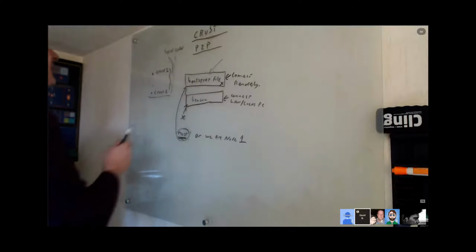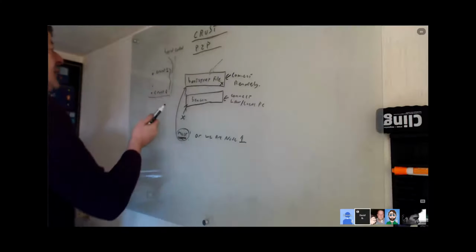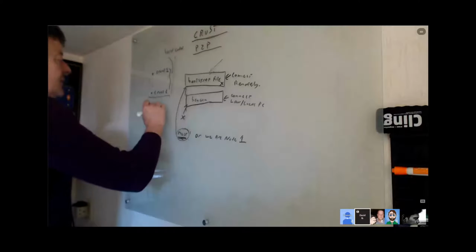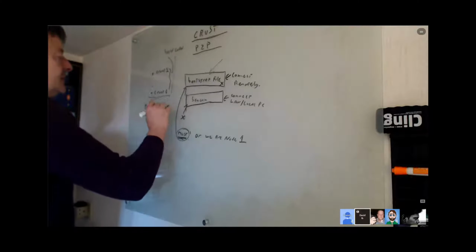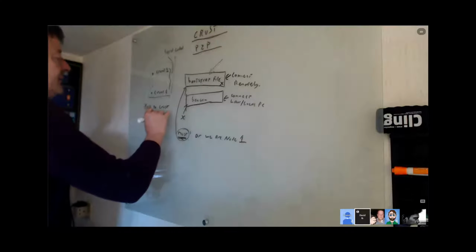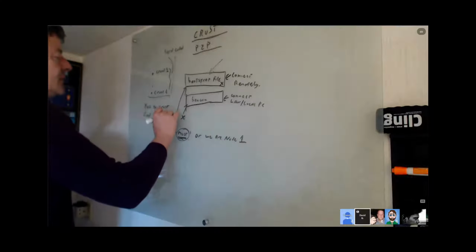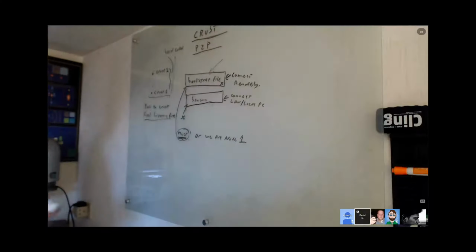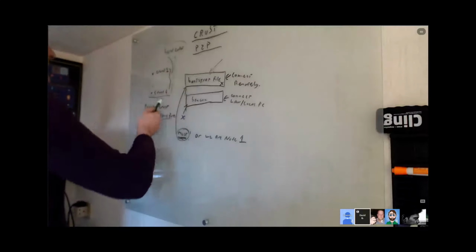So if you've got some hard-coded nodes, that means we have to be able to pass to CRUST fixed listening ports, so that if those things restart, they restart on the same port that we originally had them on. And that's okay, that's pretty straightforward.